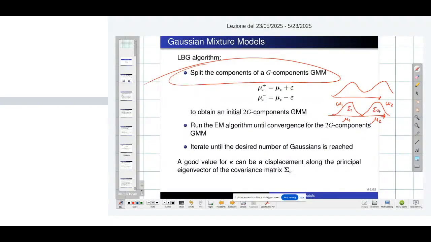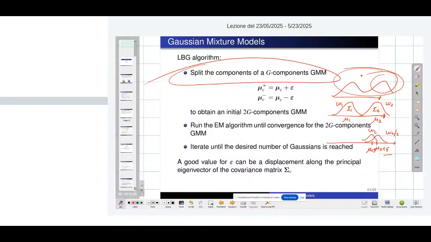I can generate a Gaussian model with more components which doesn't significantly change the shape of the initial model by doing what? I create a new model where the first component is split into two close components, each with half the weight, shifted by plus and minus epsilon. Now, if this epsilon is small enough, the global shape will remain similar.